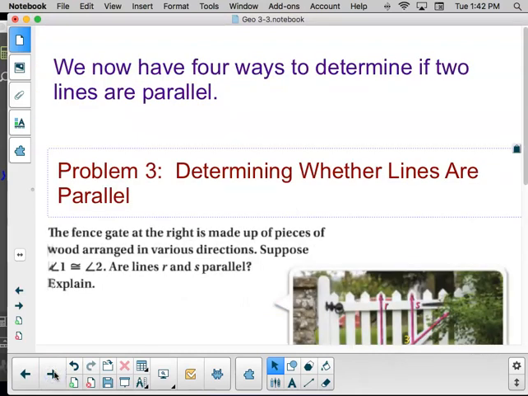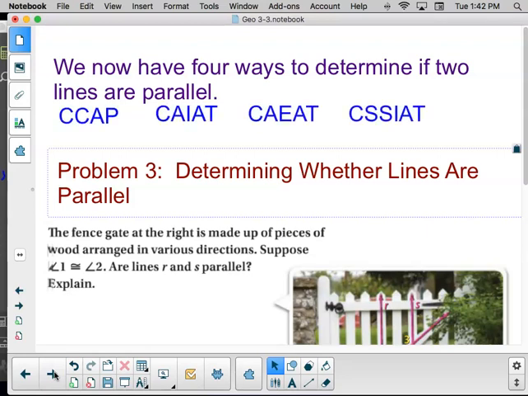Now, we have now 4 ways to determine if 2 lines are parallel. I am giving you guys the shortcuts. You have to really know that CCAP is converse of corresponding angles postulate. CAIAT is the converse of alternate interior angles theorem.